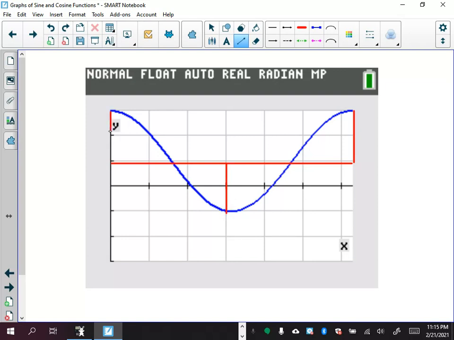And then again, from here to here, that value is a 2. That's what it's talking about when you're not phase shifting, when you're doing a vertical shift. You're just taking it and moving it up and down, but you're literally creating a new axis that you're going to be building everything off of. So just keep that in mind when you're going through these problems. Okay?